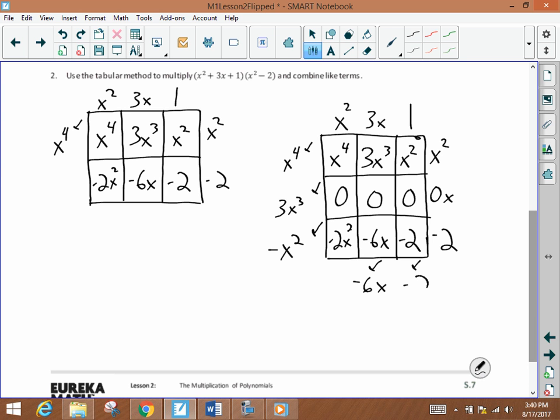And then the negative 2 will just come out. So then I can say that that is equal to x to the 4th, and so on. See that? I'm grabbing the numbers from outside of my grid that I made, and those are the answers when I multiply.